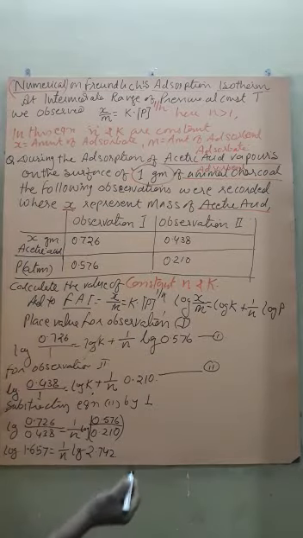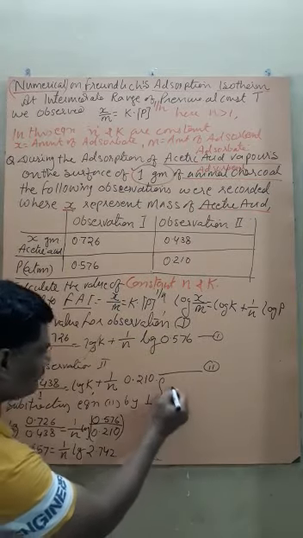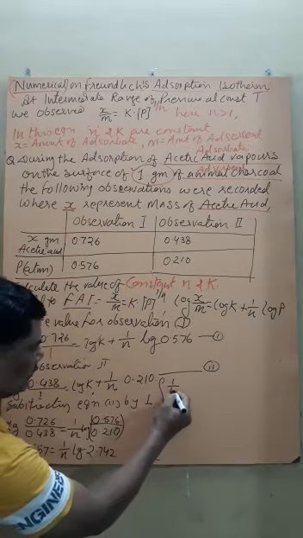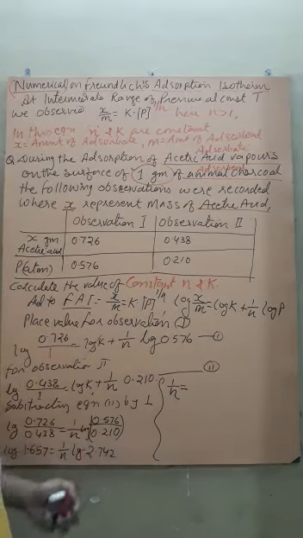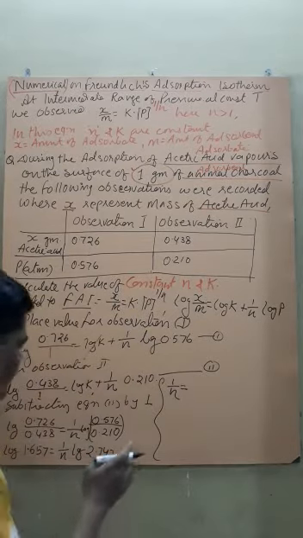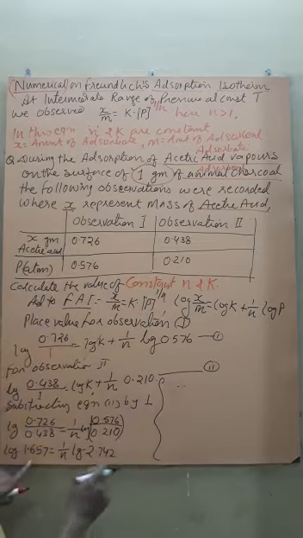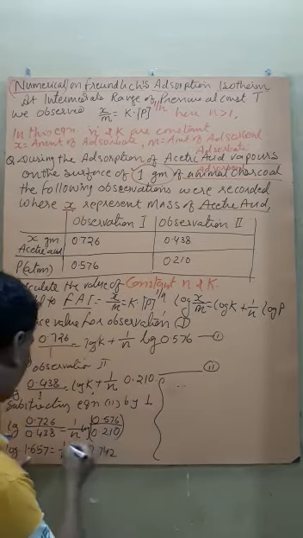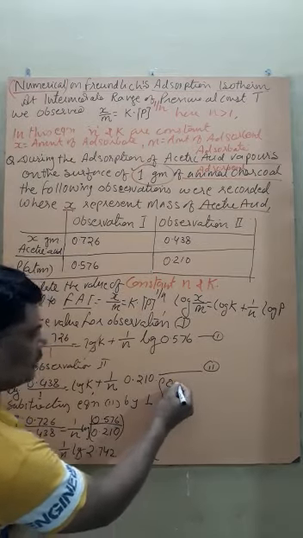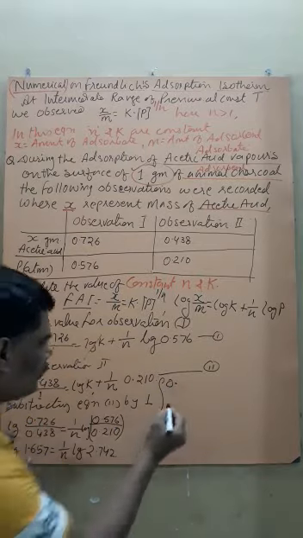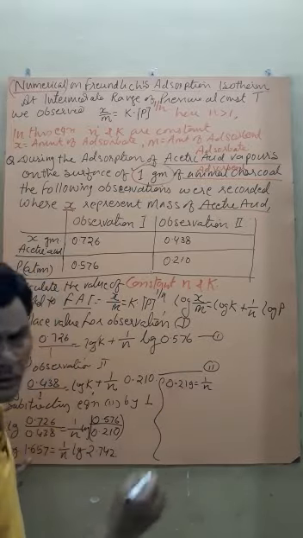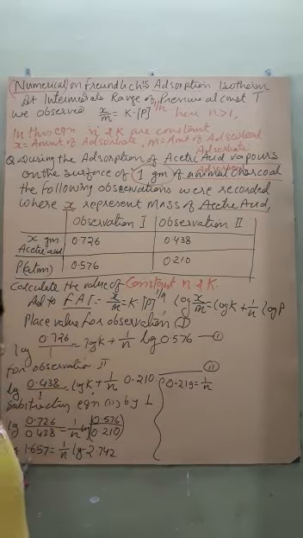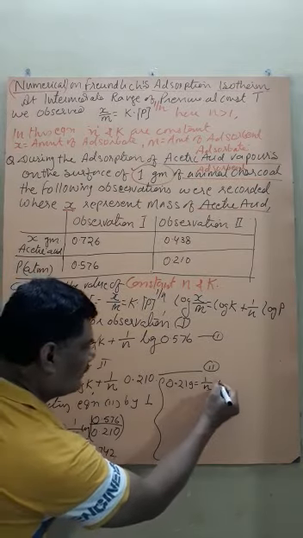Or we can find here 1 by n, taking log 1.657, it gives 0.219 is equal to 1 upon n, and for 2.742, its value is 0.438.